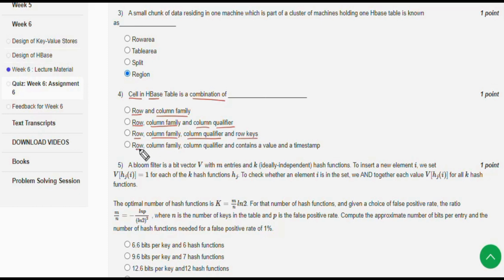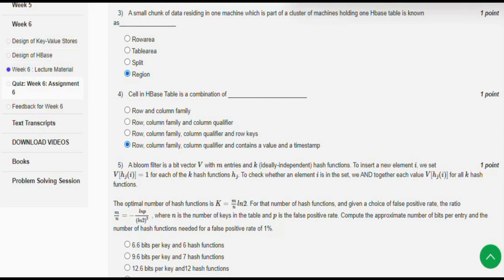And last option is row, column family, column qualifier and contains a value and a timestamp. So the last option will be the correct. So I select that one.